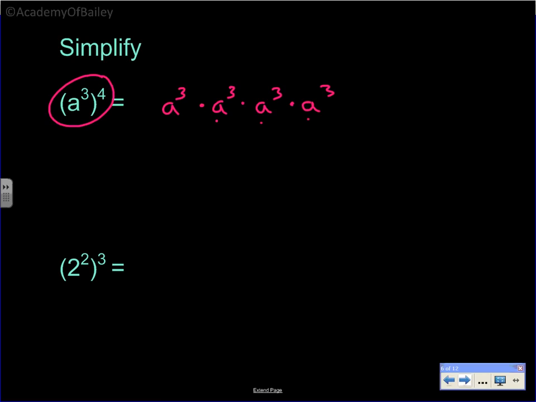And now we know what a cubed is, right? A cubed is a times a times a. And a cubed is a times a times a. And a cubed, a times a times a.